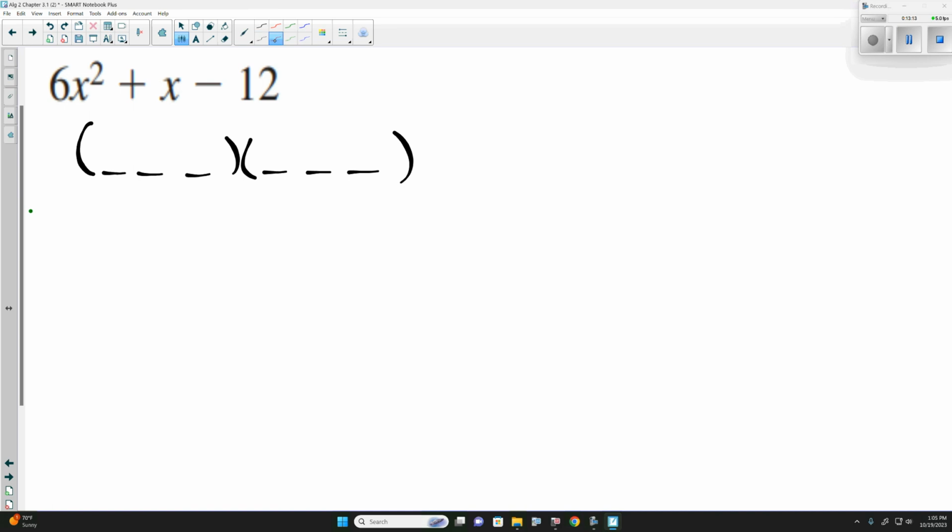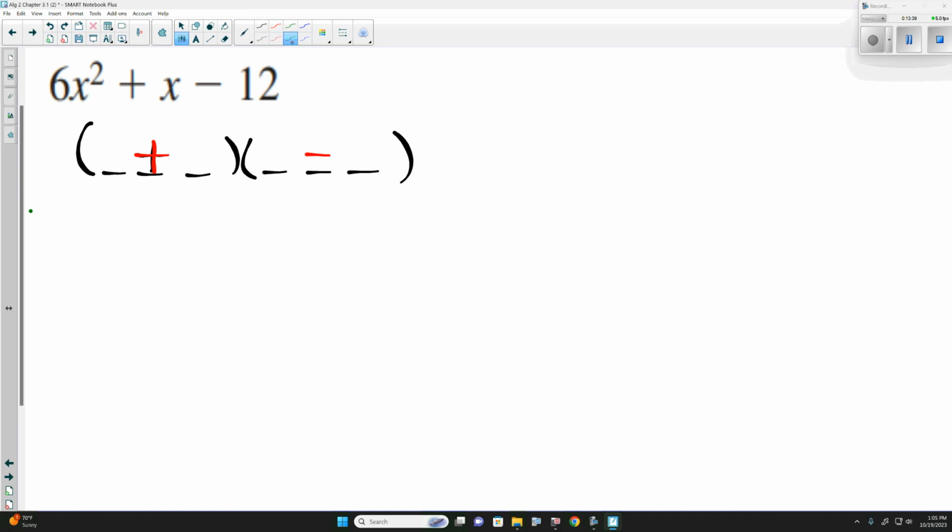So we don't have a greatest common factor. Now, the third term sign is negative, so the signs are, yeah, we skipped a few. So the signs are opposite. One of them is going to be positive, the other is going to be negative, plus and minus.